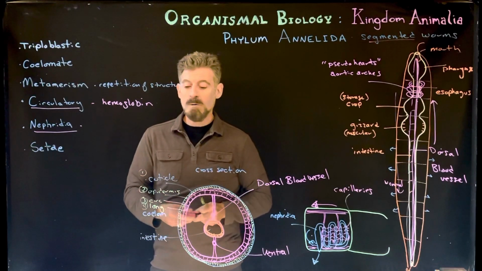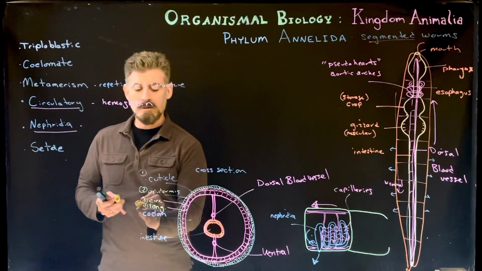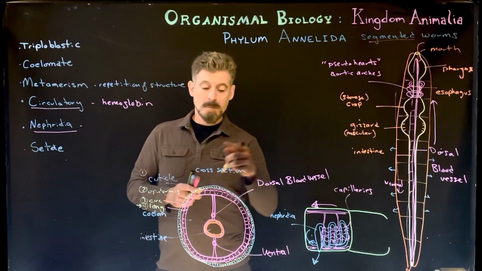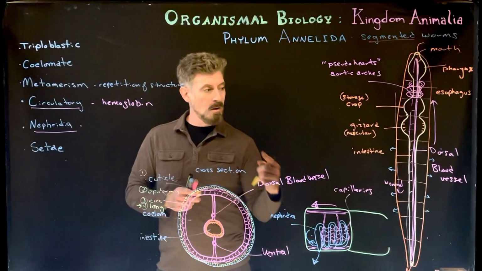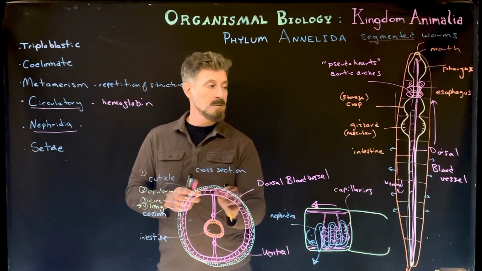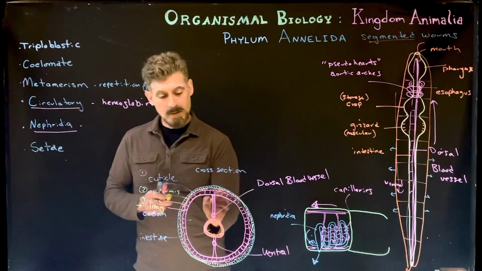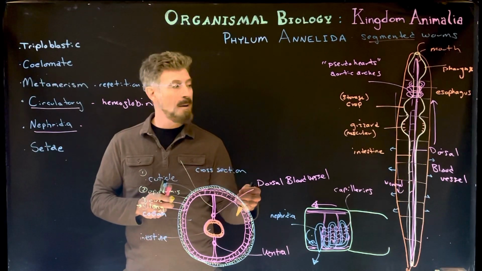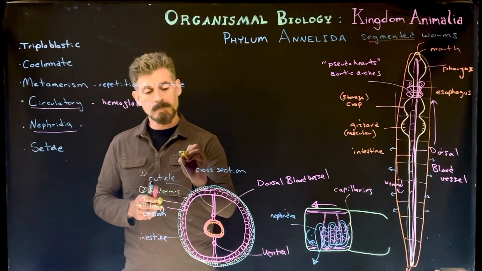We said the nematodes only had longitudinal muscle. They lacked circular muscle. But this group has both circular muscle running along the animal's body and then longitudinal muscle. Now, they also will have these mesenteries that will divide the body up into segments.